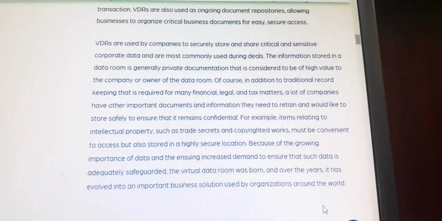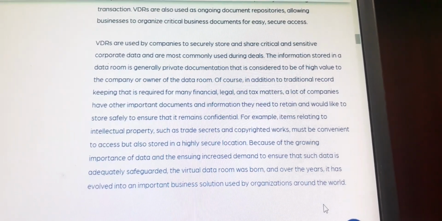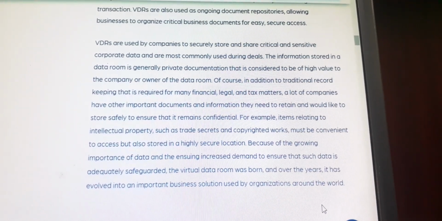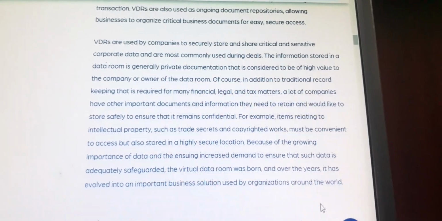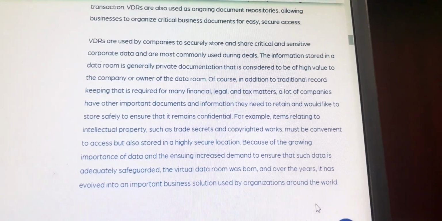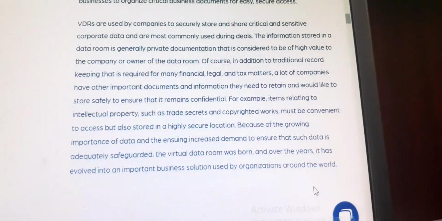For example, items relating to intellectual property such as trade secrets and copyrighted work must have controlled access and also be stored in a highly secure location.